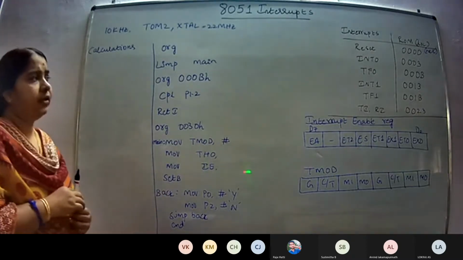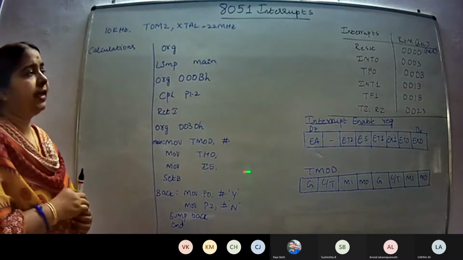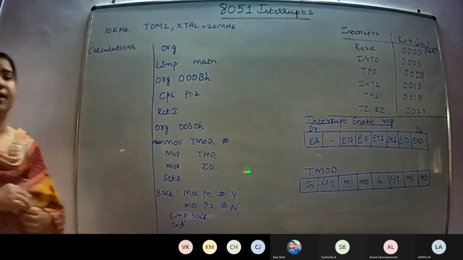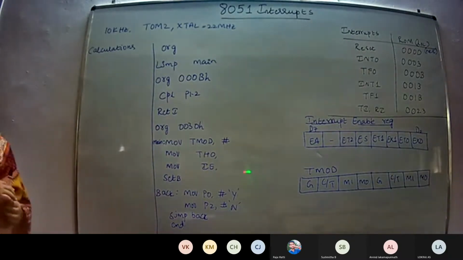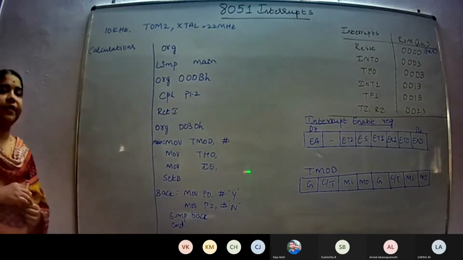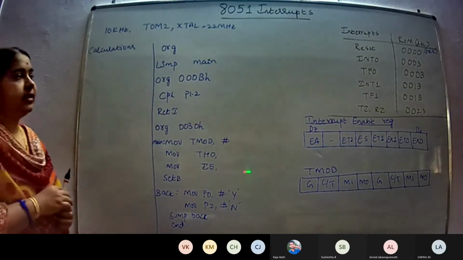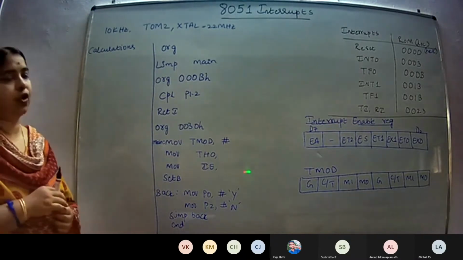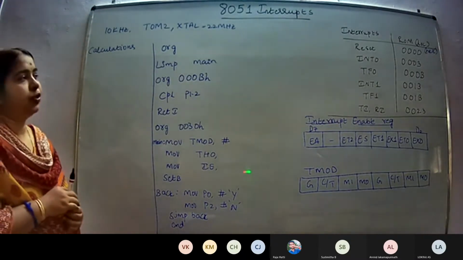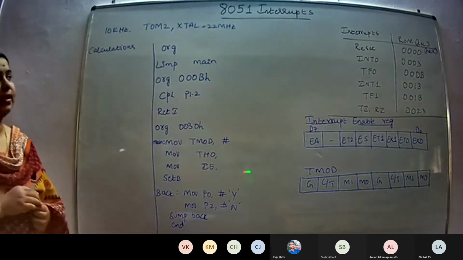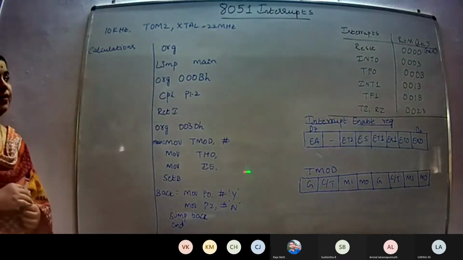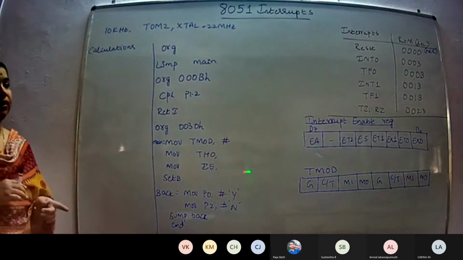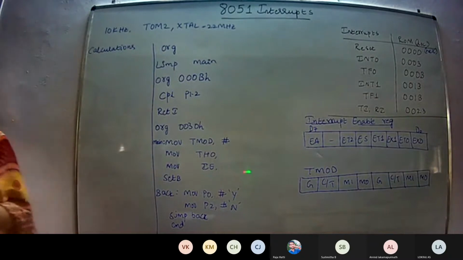Next is the timer 1 interrupt, and the last is the serial interrupt, TI and RI, whose ROM location is 0023H. That is the location of the interrupts. You have to know all the interrupts with their names and their ROM locations.